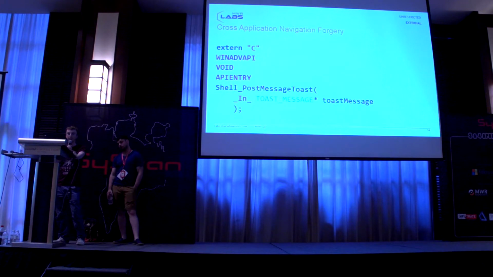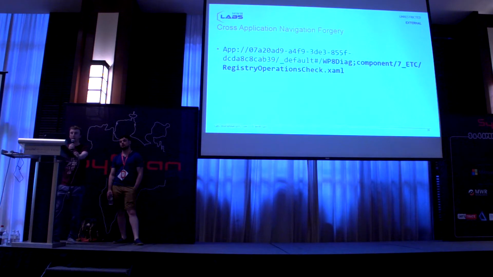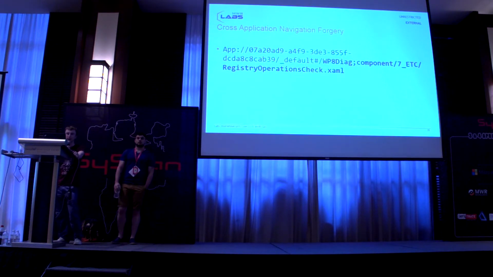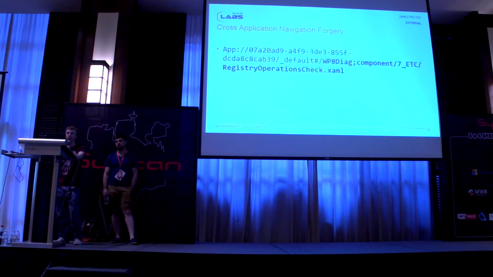But there's a vulnerability, because there's an undocumented API method called ShellPostMessageToast. Essentially it allows you to specify an app URI, which specifies which application has originated the toast and the path to the screen within the application. So this means it can be any XAML screen within the application.